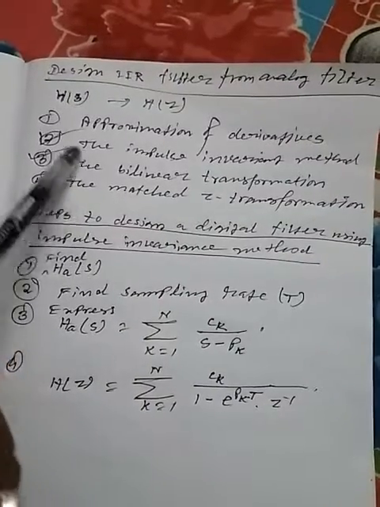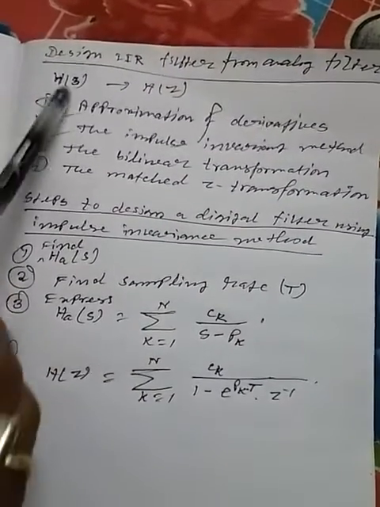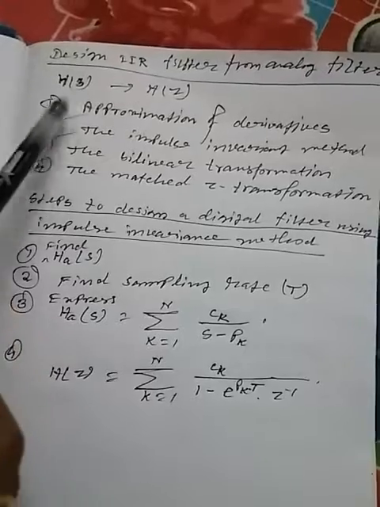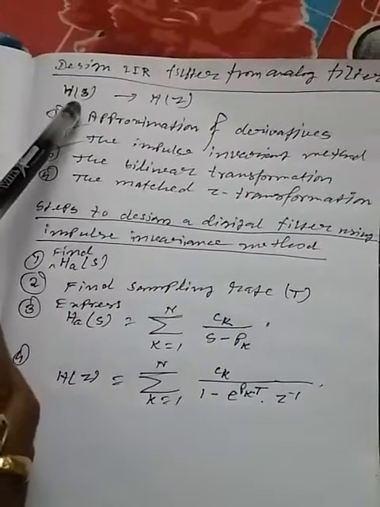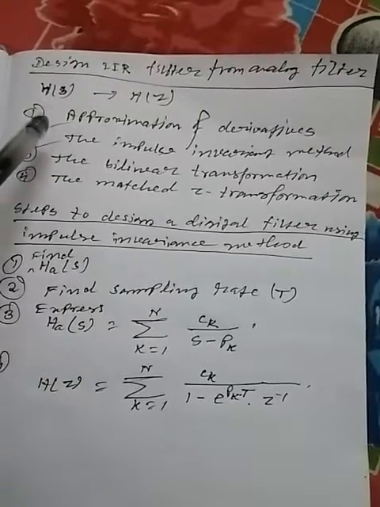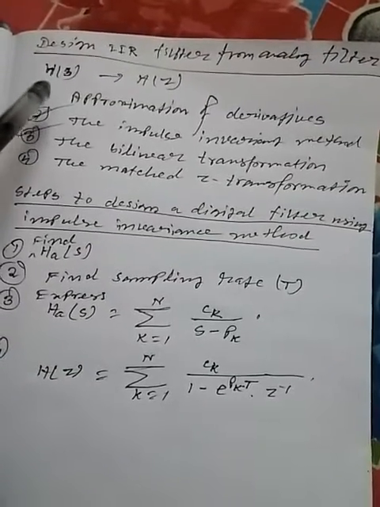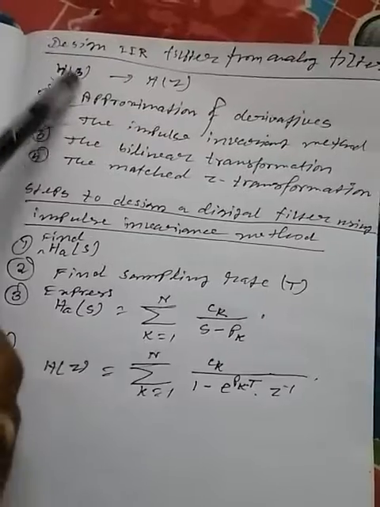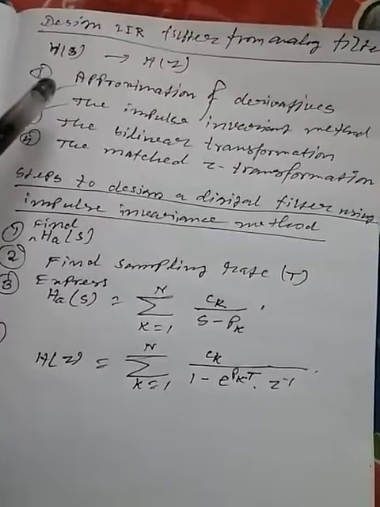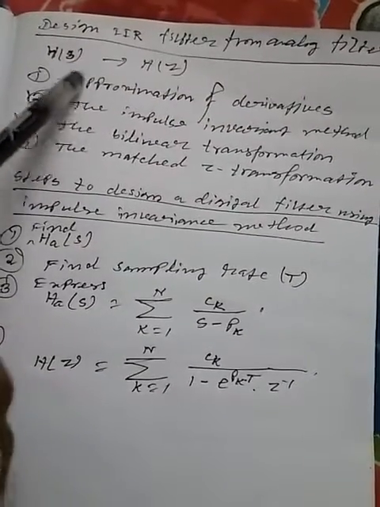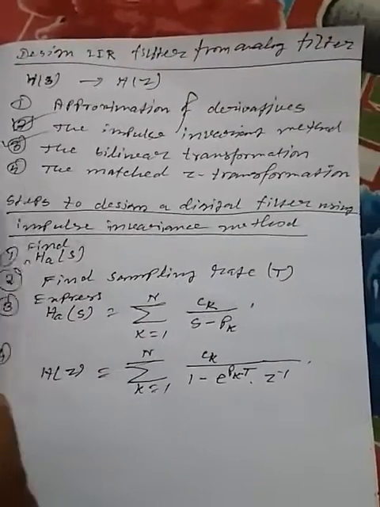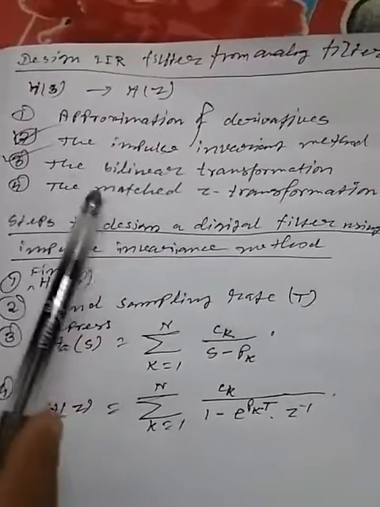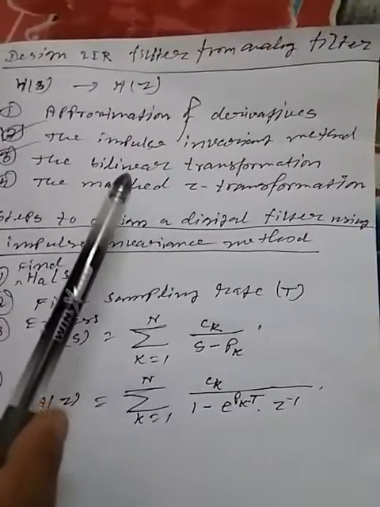So you can determine the value of H(s), the transfer function of the analog filter. Now you have to design the digital filter using that analog transfer function. There are 4 methods of designing: approximation of derivative, impulse invariant, bilinear transformation method, and matched Z transform. Among these 4 methods, only 2 are in your syllabus.